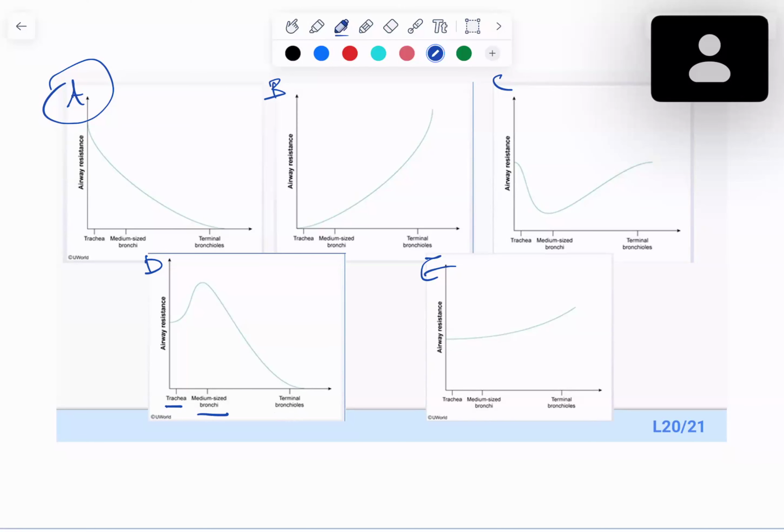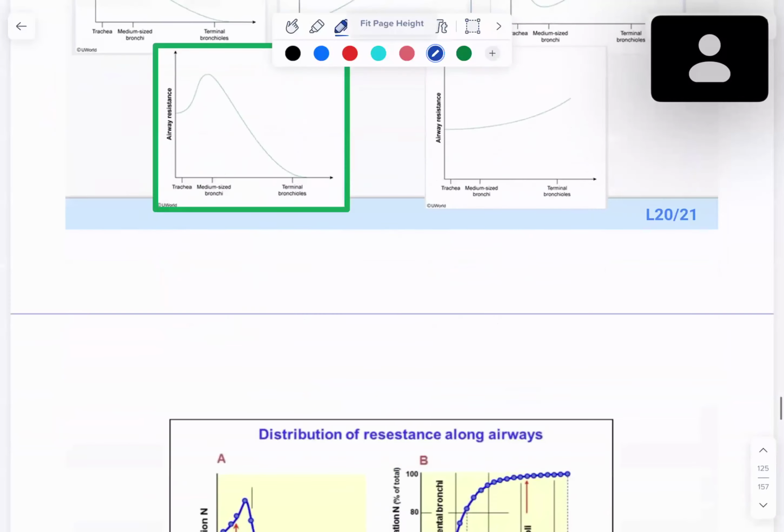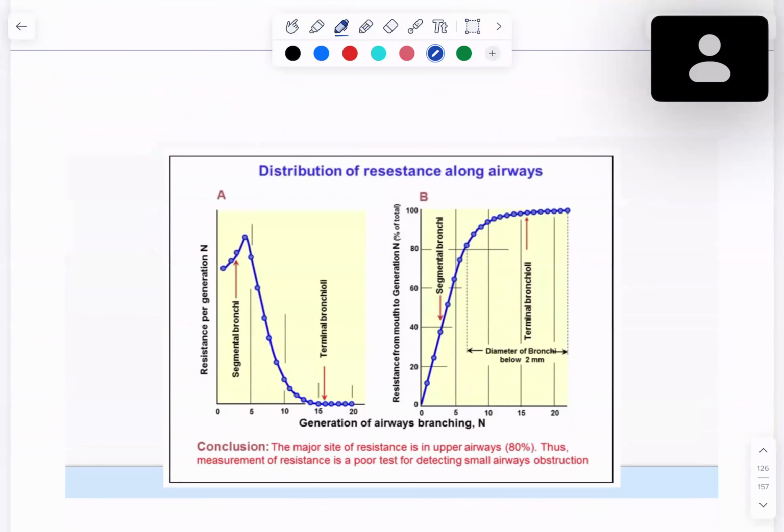Here in A, they're telling you that the highest resistance is at the trachea, then it gets lower progressively. But that's not the case. The highest resistance is at the medium bronchi. You can see that here at the segmented bronchi, you have the highest resistance because these segmented bronchi have the lowest radius. And so that is why they have the highest resistance, more than the trachea.